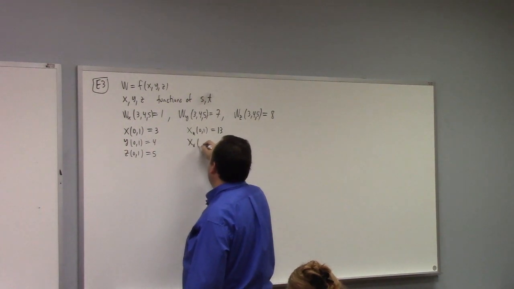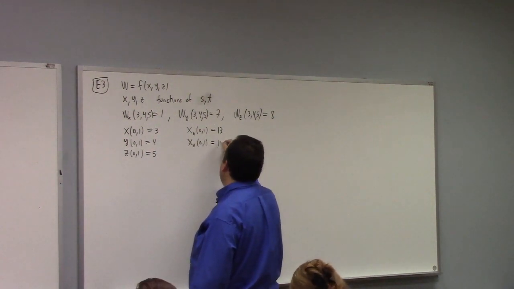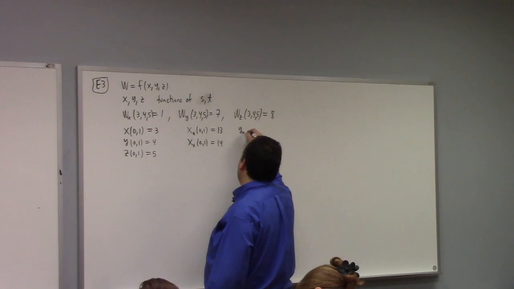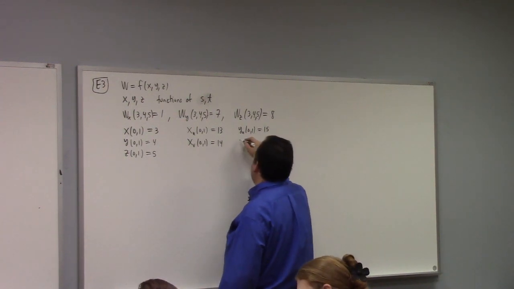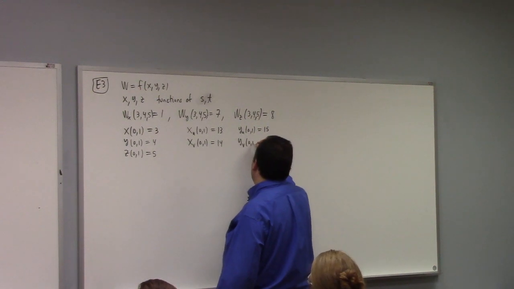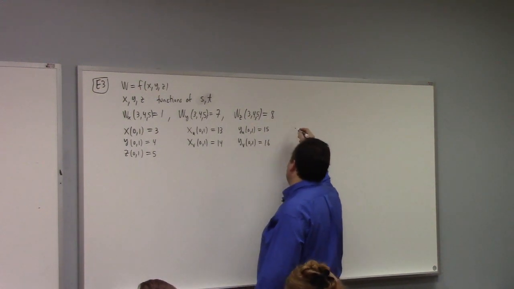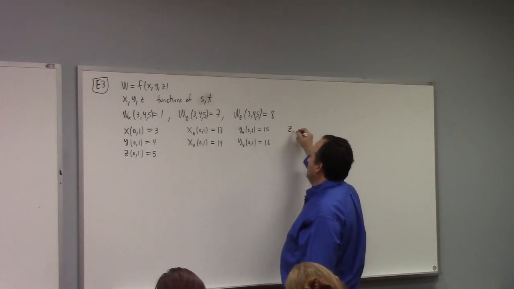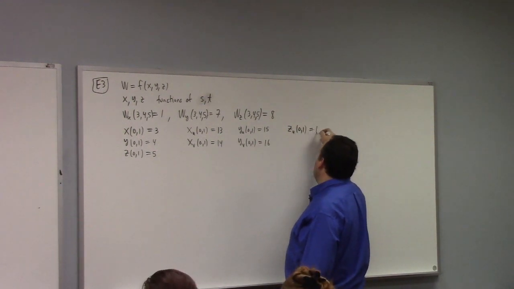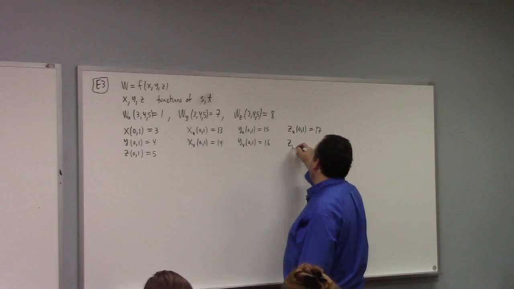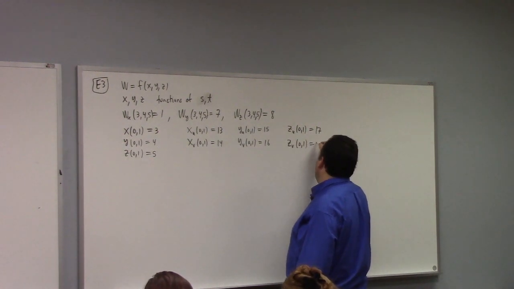X sub v of 0, 1, 14. Y sub u of 0, 1, I'm starting to regret this example, 15. Y sub v of 0, 1, 16. Z sub u of 0, 1, 17. Z sub v of 0, 1, 18.